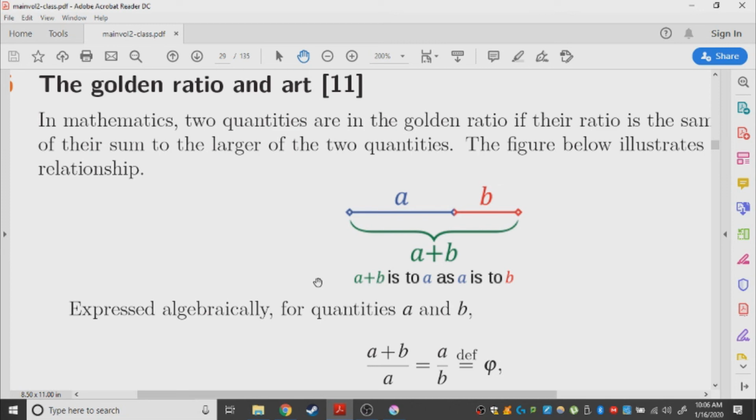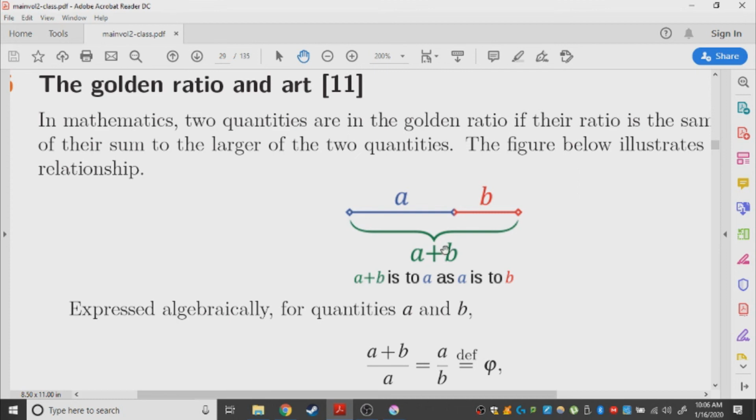If I make two lengths, A and B, they have a ratio, A over B, the ratio when I divide the small into the big. I say that is the golden ratio if the ratio of A to B is the same as the ratio of the total length to the long one.